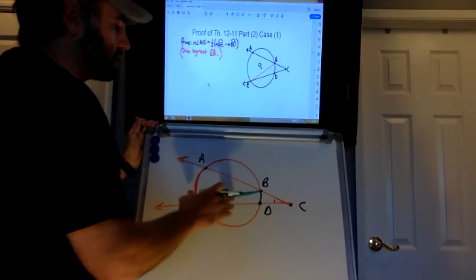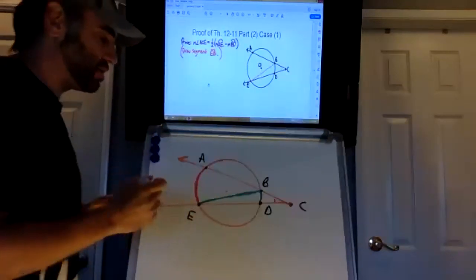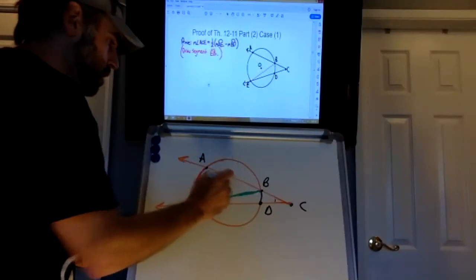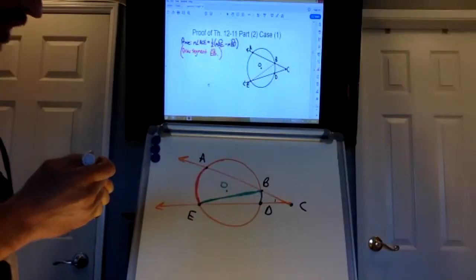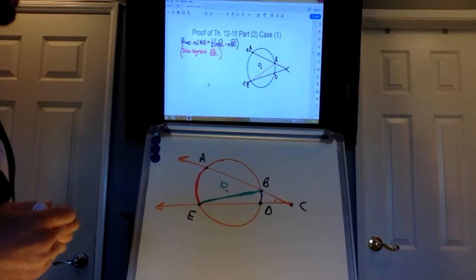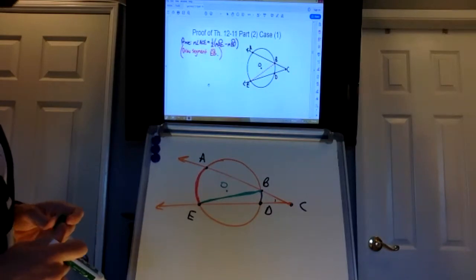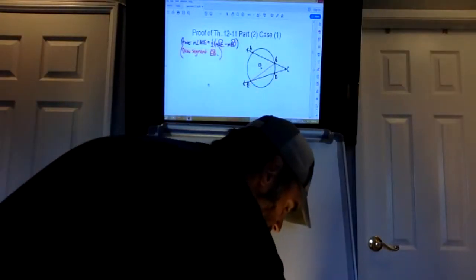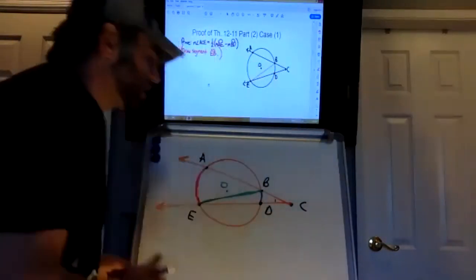When you draw that auxiliary segment, it does not have to go through the center. What we have now is a triangle with an exterior angle, and that's going to be the trick here.